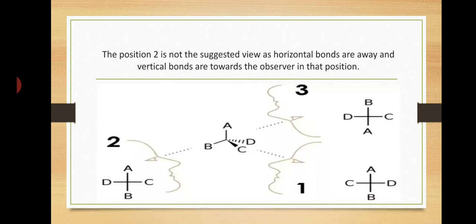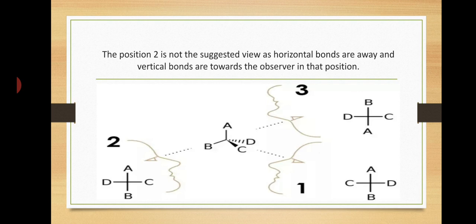Here three positions are there for the observer to see from different directions: 1, 2, 3. In the first position, the observer is seeing such that the horizontal bonds are towards the observer and vertical bonds are away from the observer.